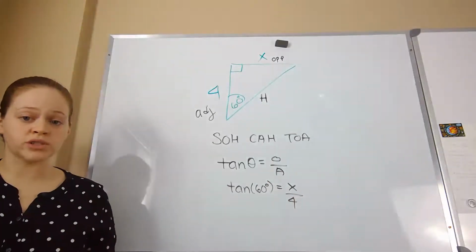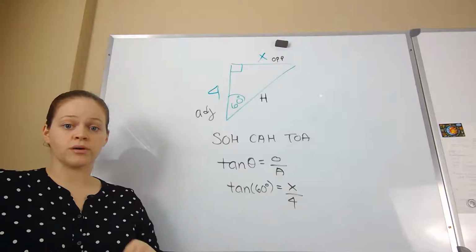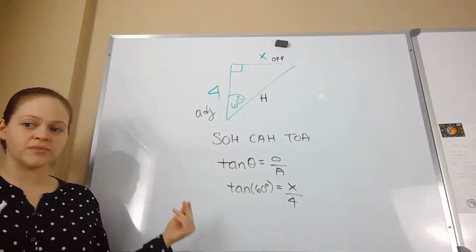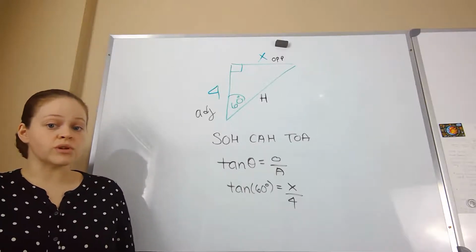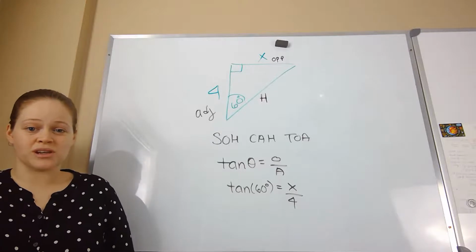So the reason why I want to do this one is because now our unknown is on the top, all right? Before it used to be on the bottom for the last couple of questions, now it's on the top. And the question is, how do I solve it when it's on the top? So how can I get x by itself right now?